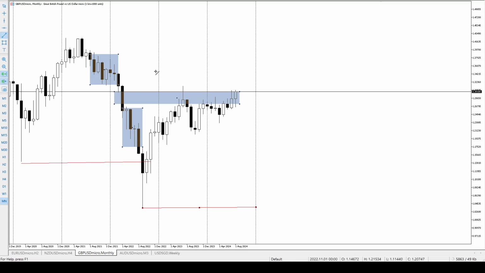So basically we have previous year's high, and we have this low here. This would be my short-term low in relation to the opening price here for the year 2024.